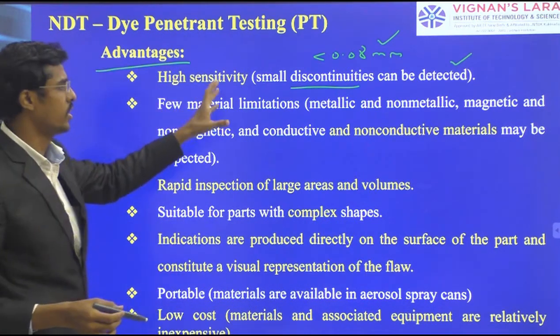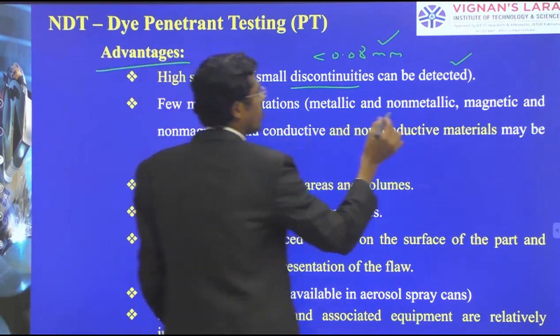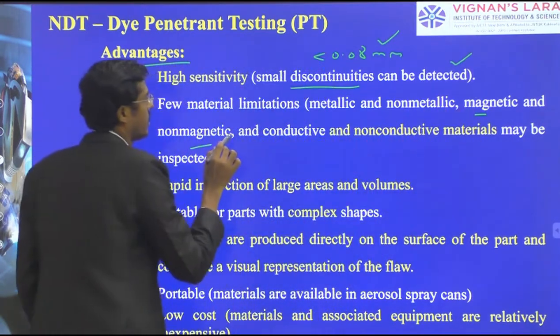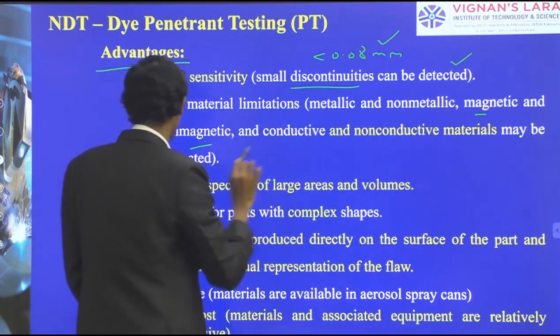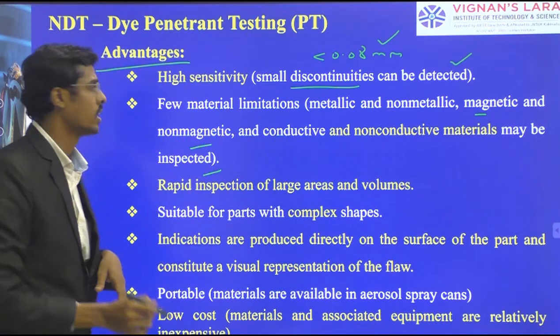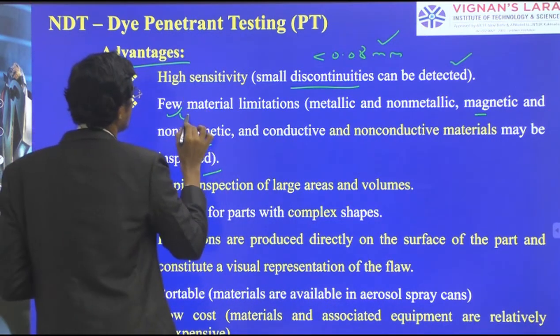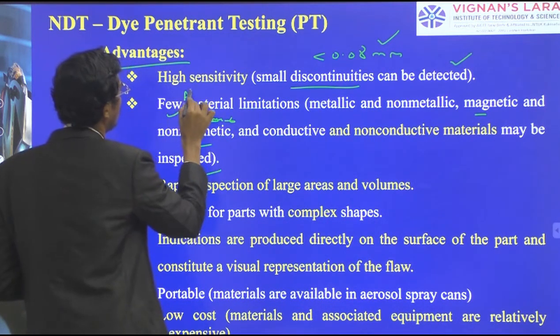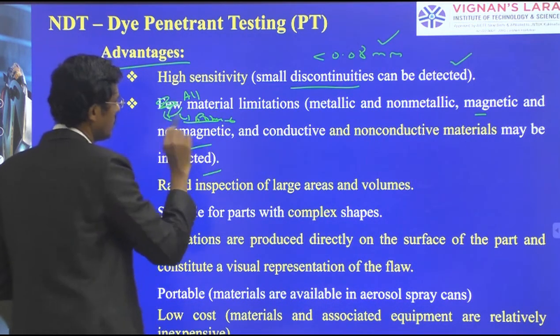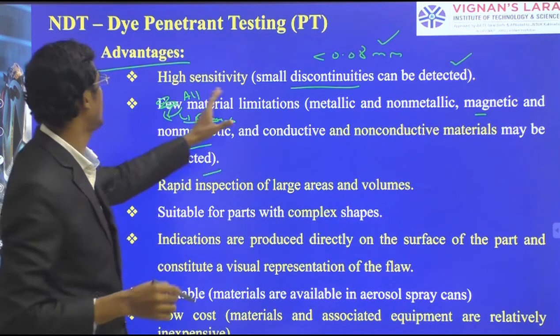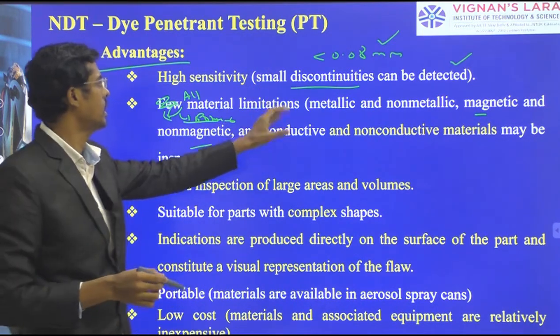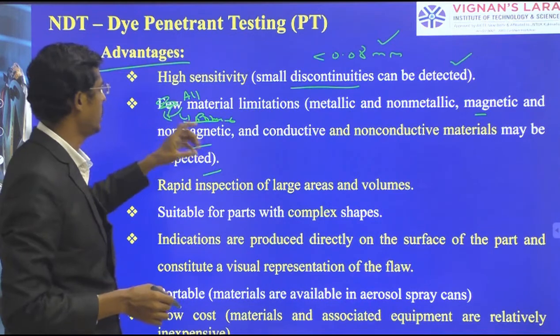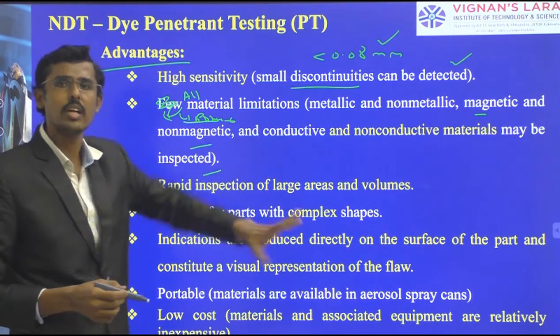Few material limitations: metallic and non-metallic, magnetic, non-magnetic, conductive and non-conductive materials may be inspected. Only non-porous materials are possible; porous materials are not. Other than that, all materials are possible.